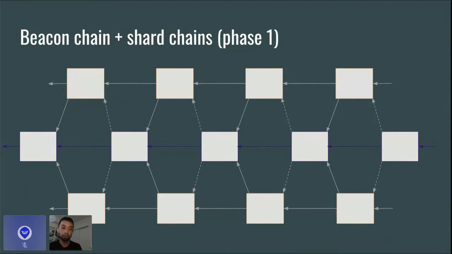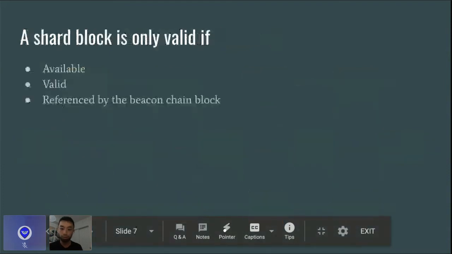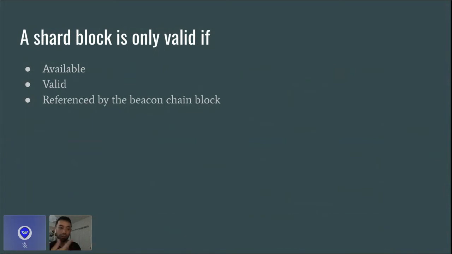A validator here is a consensus participating proof of stake node. For a shard block to be valid, it has to be available, valid, and also referenced by the beacon chain block. That's how you guarantee safety, that different shard blocks can talk to each other, and that's how cross-shard communication happens.